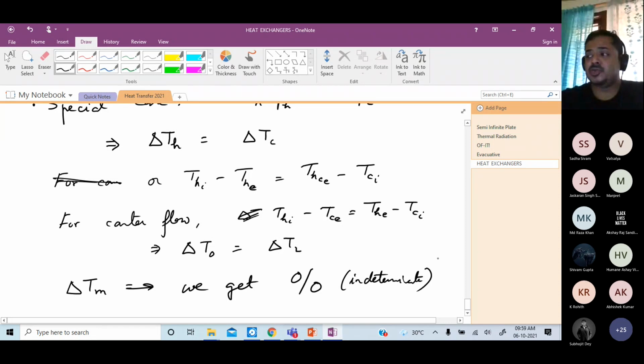But what happens if you use the L'Hospital's rule or L'Hopital's rule? Please do that and tell me what it does.